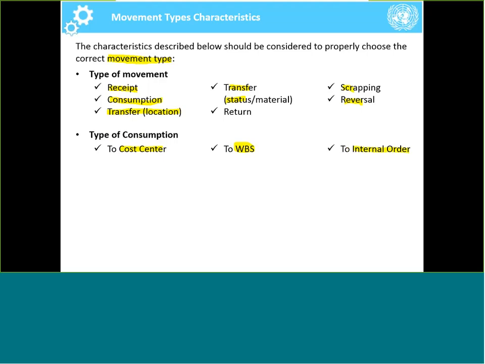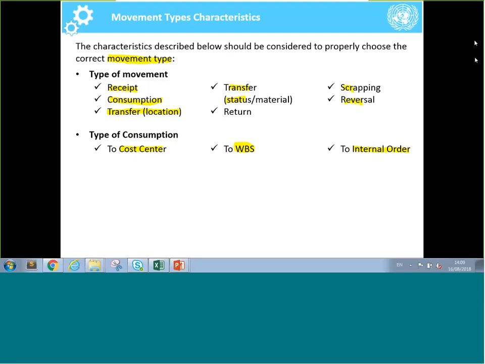Okay. So depending on the type of consumption, you'll need to select a different account assignment or a different coding block, different account assignment details.